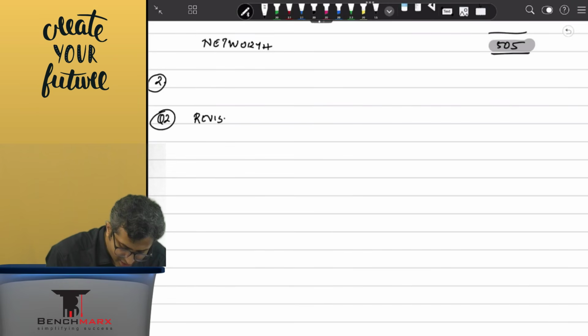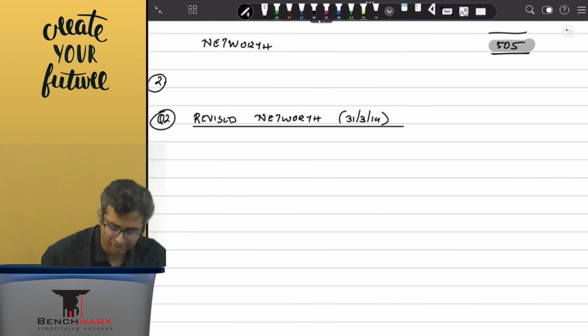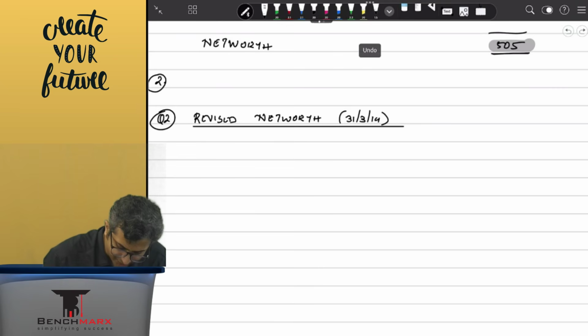Revised net worth as on 31st March 14. You want to do it all over again or direct calculation? Direct. So revised net worth would be 505, but in this you have already included P&L. How much was the P&L?